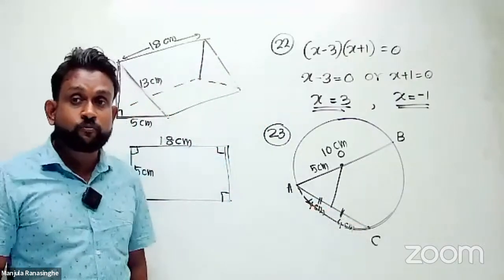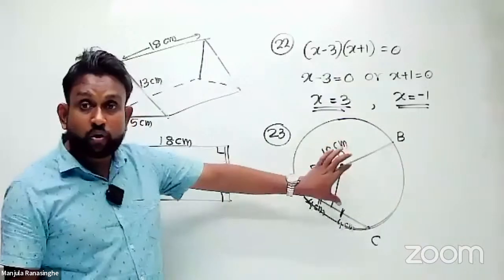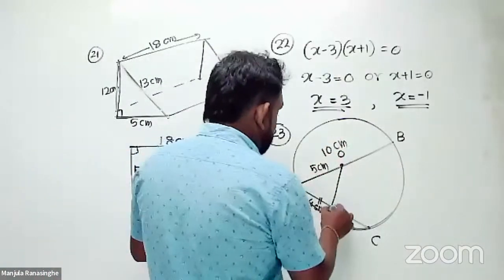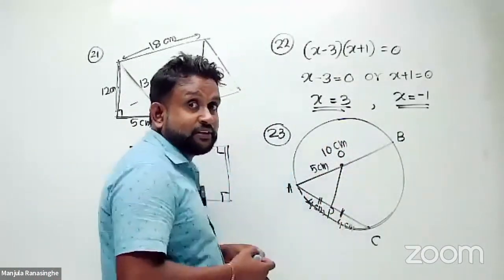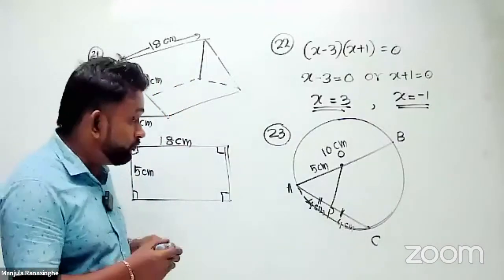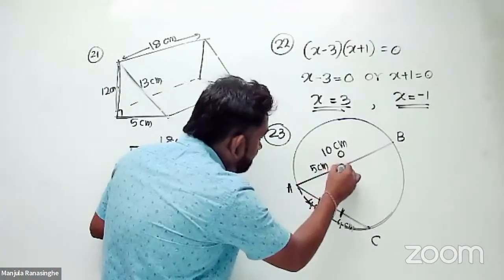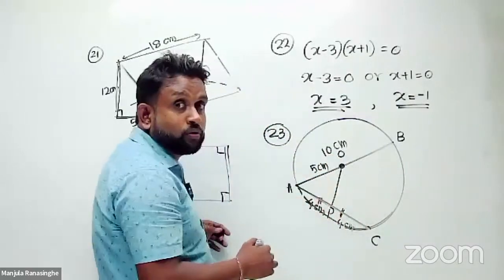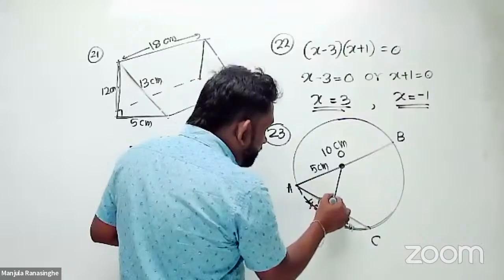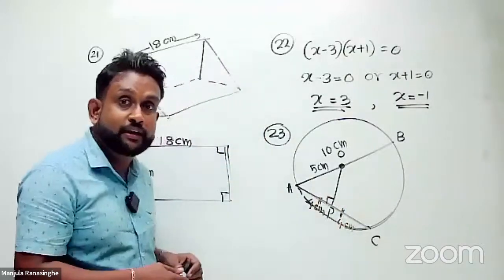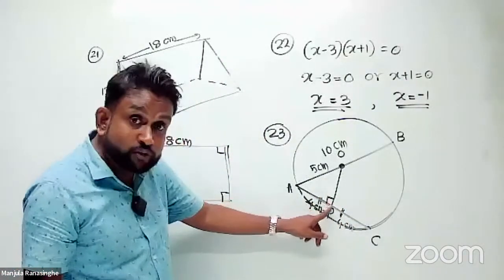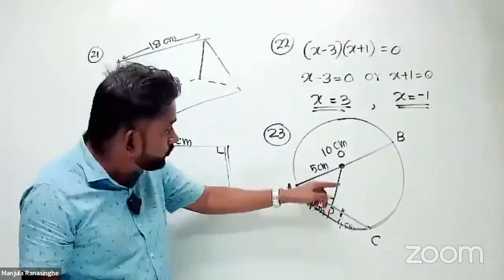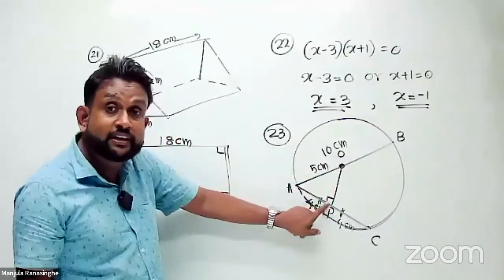They are asking to find the length of OP. So now you can see how to find that. When a line is drawn from the center to the midpoint of a chord, remember that it is perpendicular to the chord.